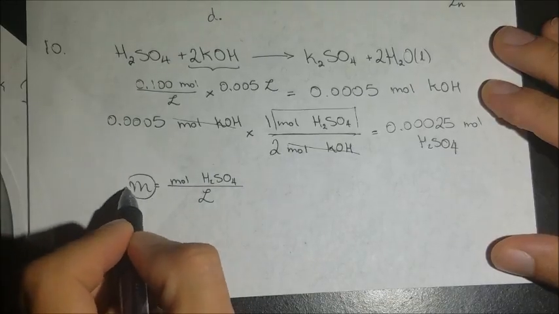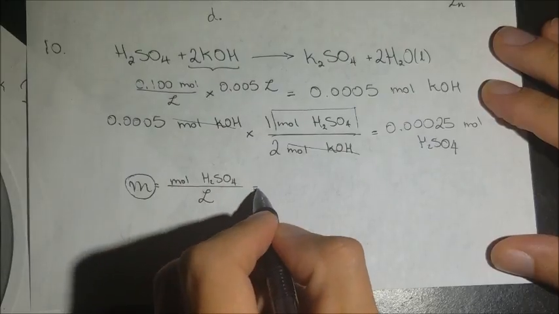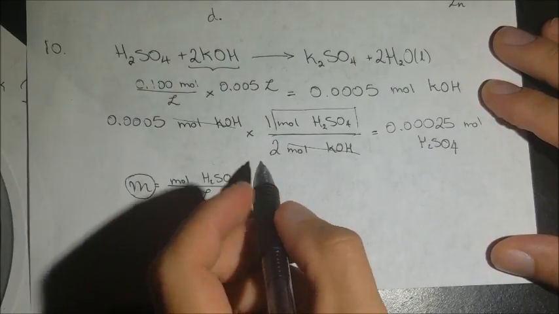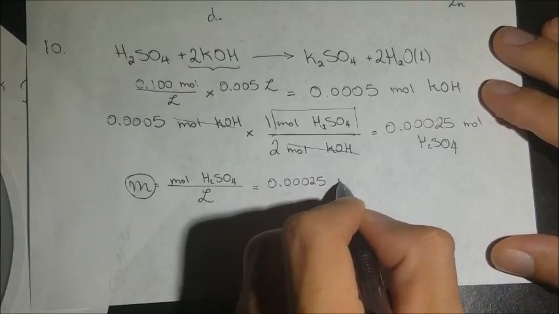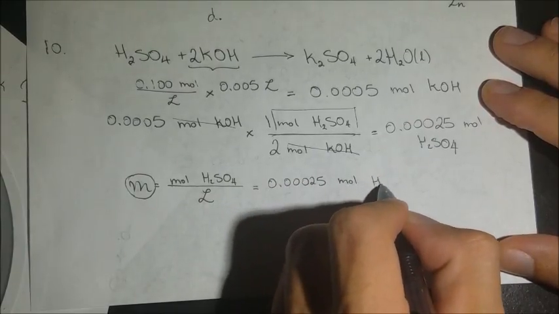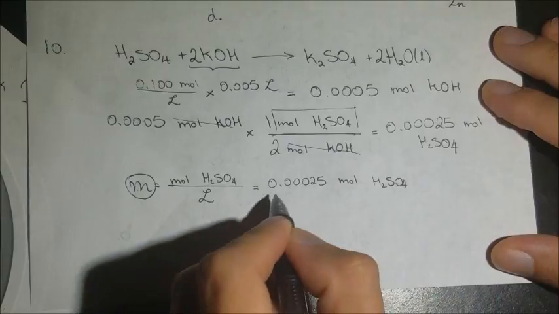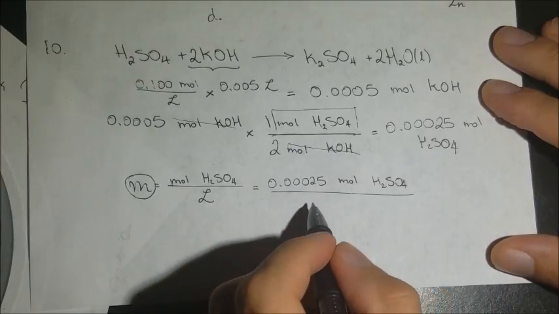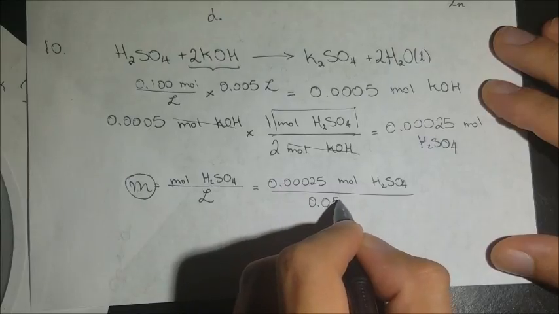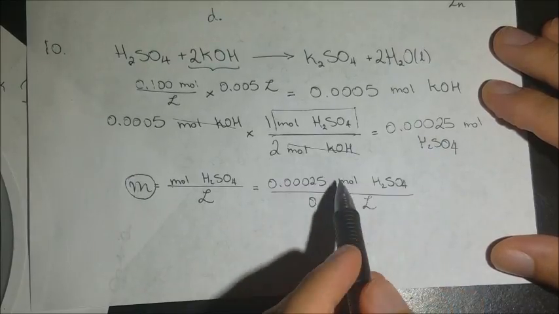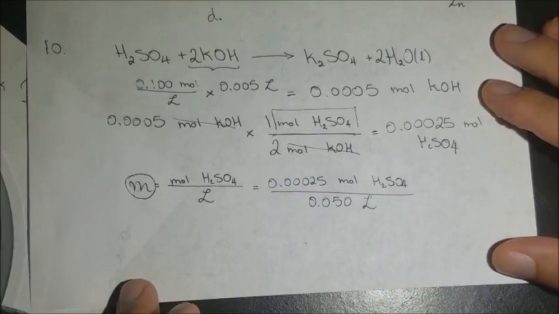And so then we can solve for the molarity. So let's go ahead and do that. Moles of H2SO4 is 0.00025. Not very many moles, that's for sure. Divide that by the volume, which is 0.050 liters. Moles per liter gives us molarity.